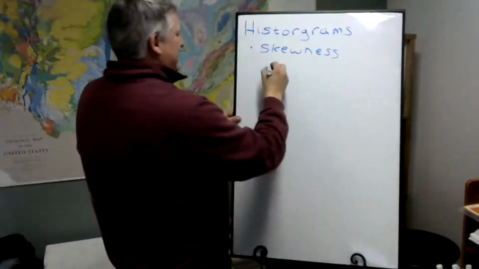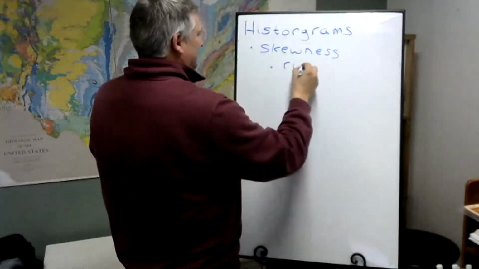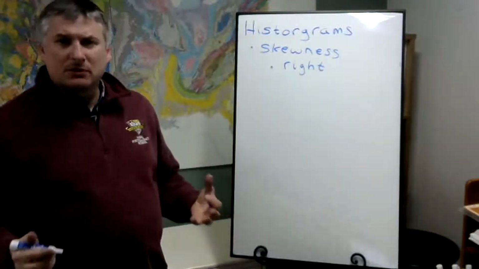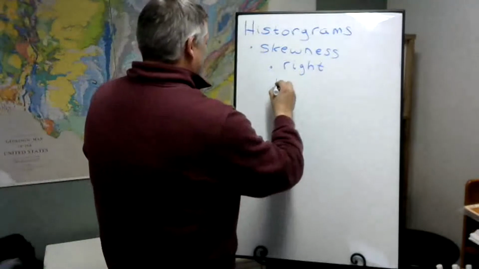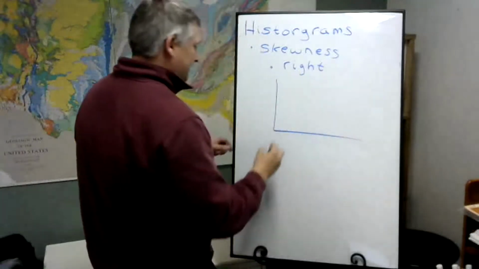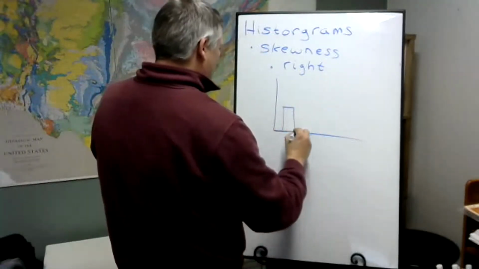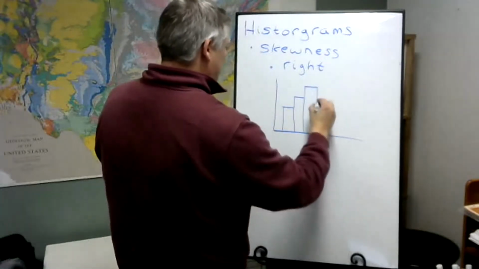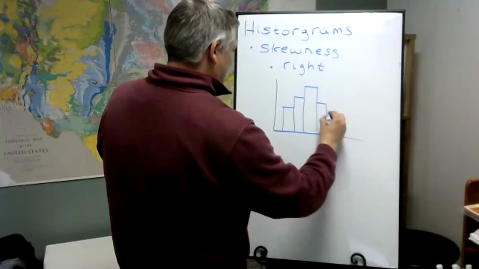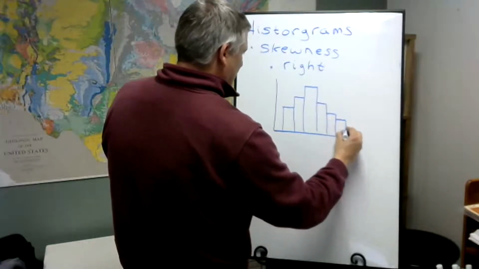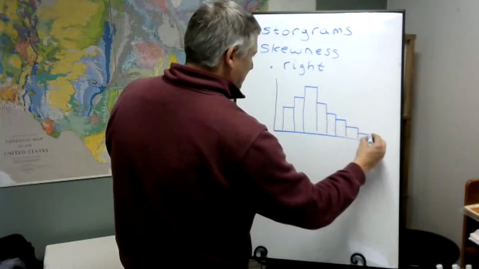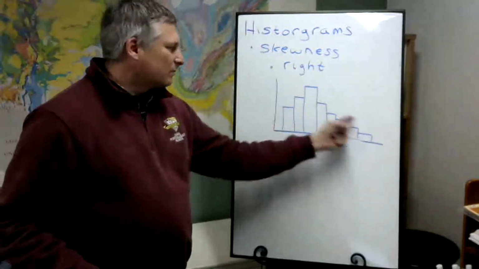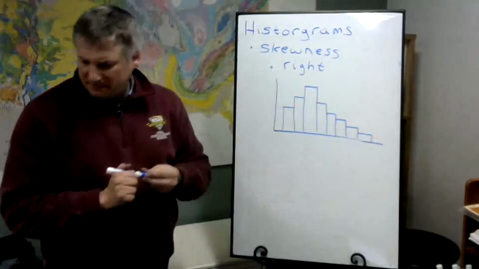And first one we'll look at is skewed to the right. When a histogram is skewed to the right, we have our histogram here. And what it's going to look like is, to the right, we're going to have some more values, more on the right than we do on the left.